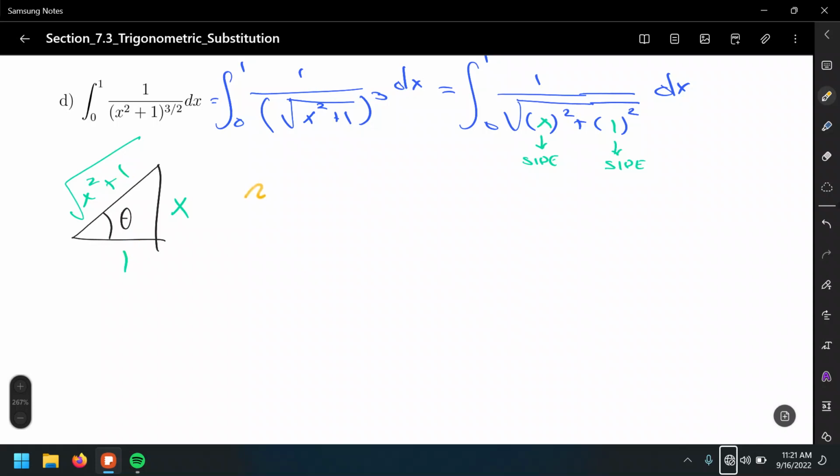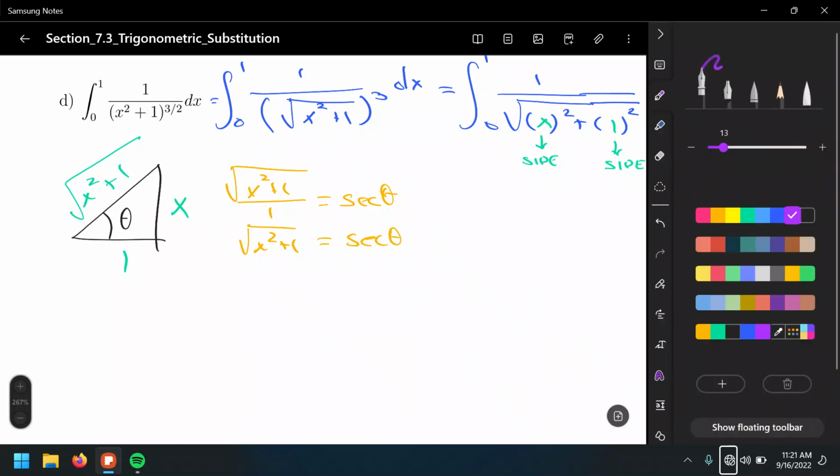Radical over 1. And what trigonometric function is that? Secant. Okay, so let's divide this by 1. That's just the radical. The square root of x squared plus 1 equals secant. Score. That's number 1.